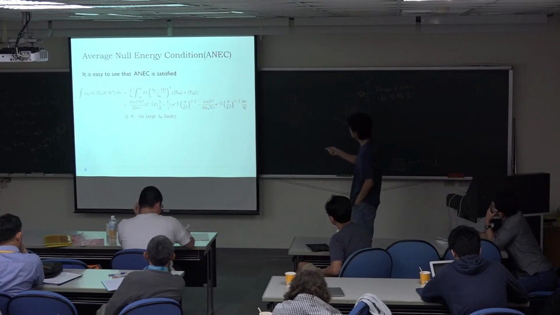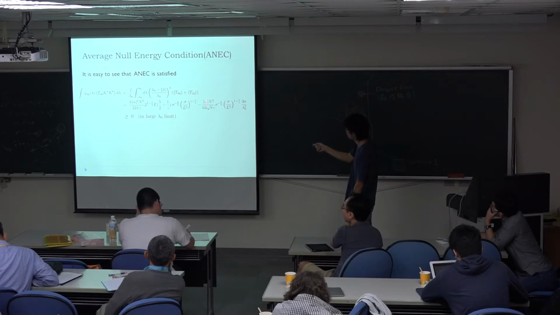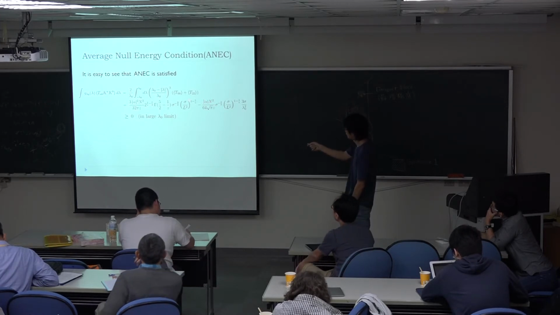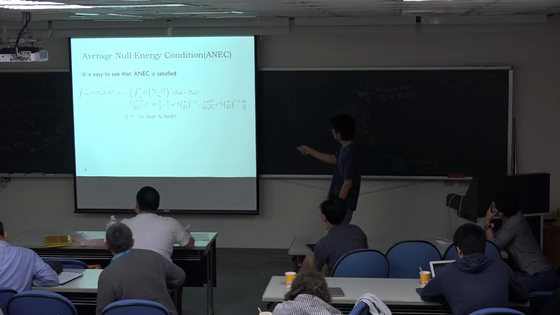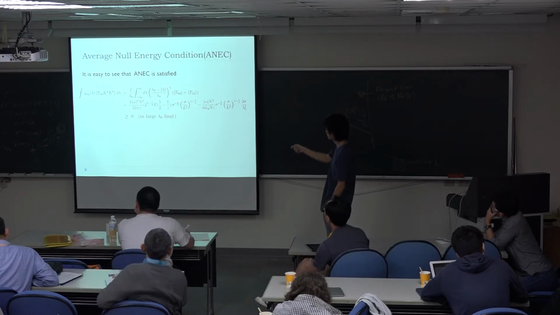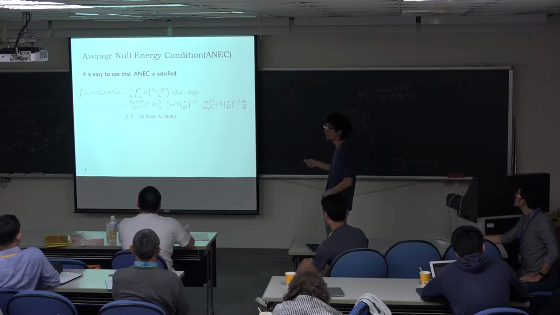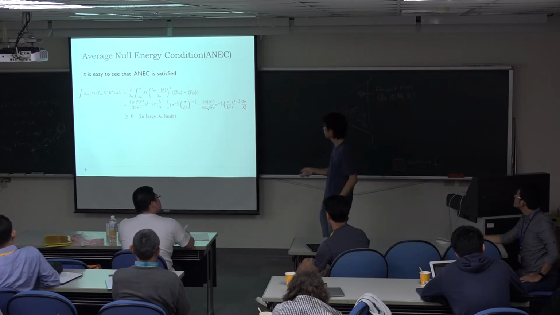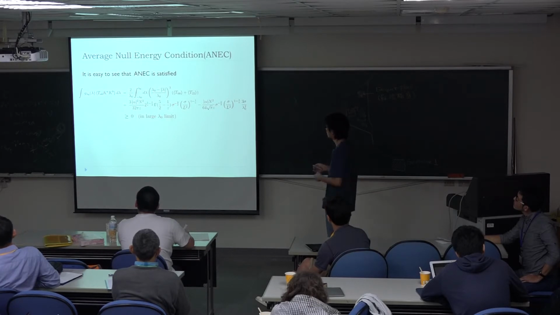So in the end, the principal part will be proportional to alpha, and this correction is proportional to alpha squared. So even though this is subleading, if you take the large lambda naught limit, that means a large smearing time limit, then the negative contribution will become negligible. So you always get a positive result.